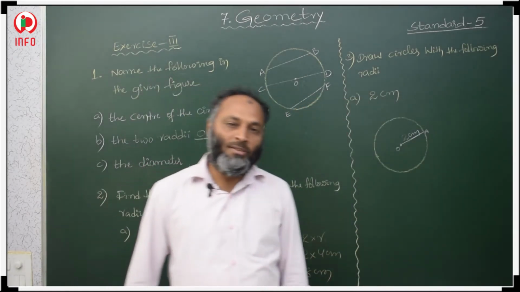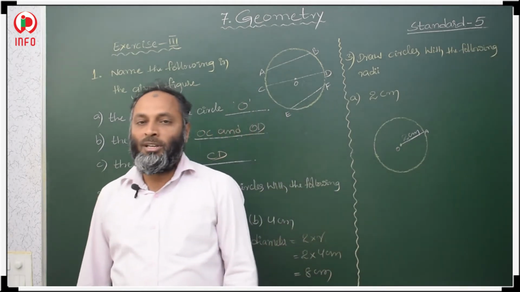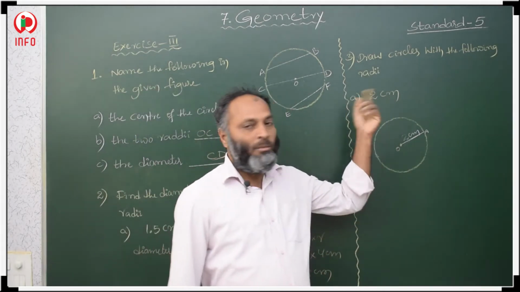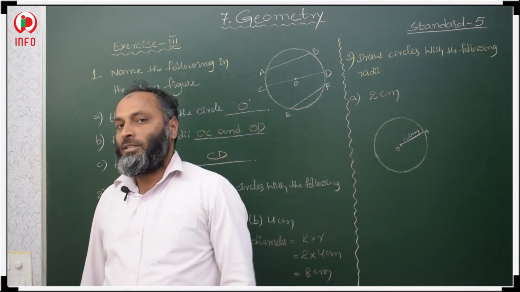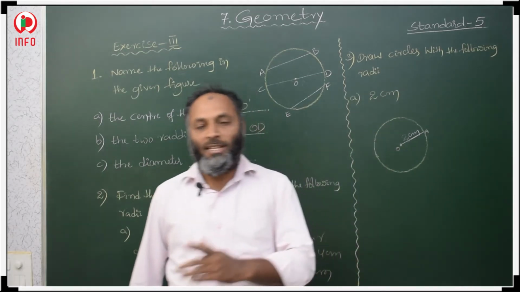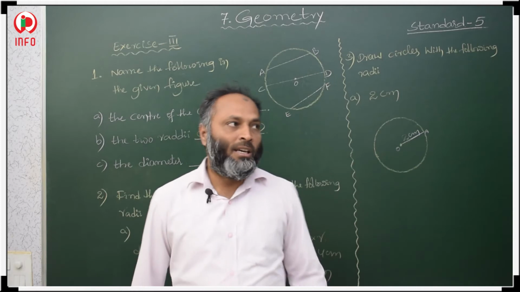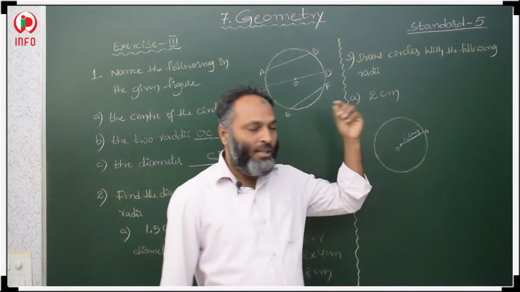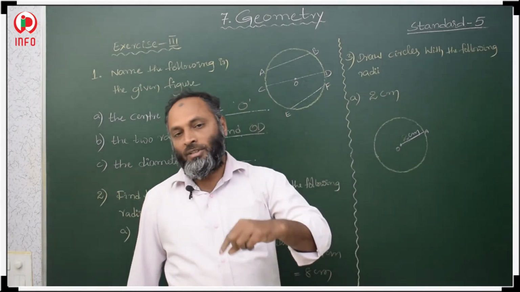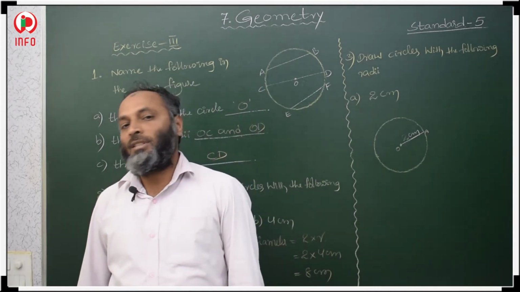In your textbook, construction steps are given, so you have to follow them, but write according to your measurements. Only the measurements are changing. Here it is 2 centimeters, while in the example it is given as 3 centimeters. Instead of 3 centimeters, we are taking 2 centimeters here, so write your construction steps according to 2 centimeters.